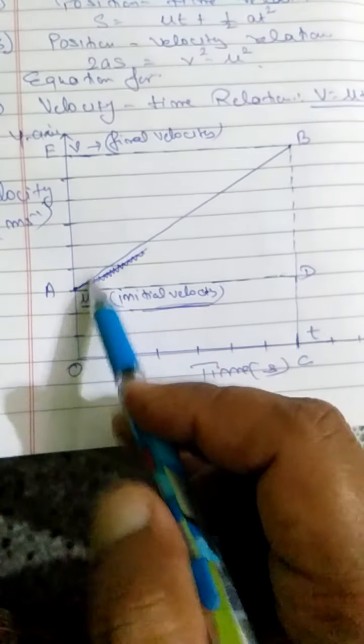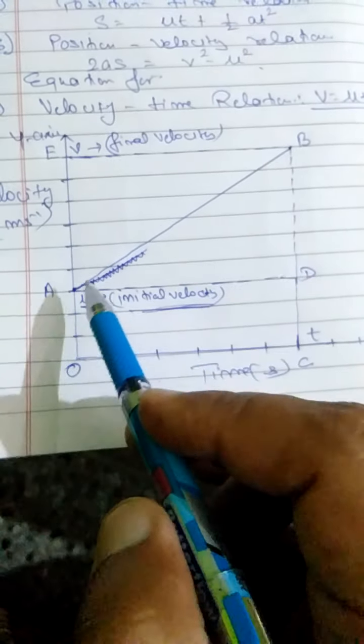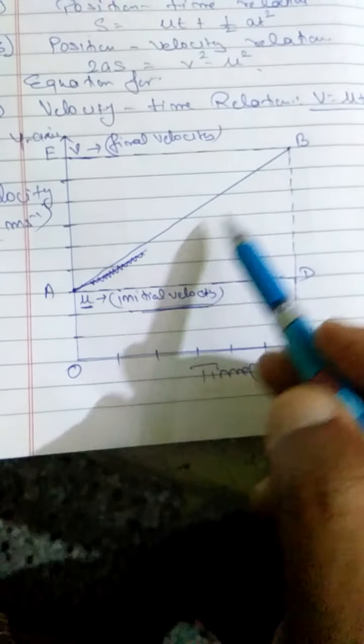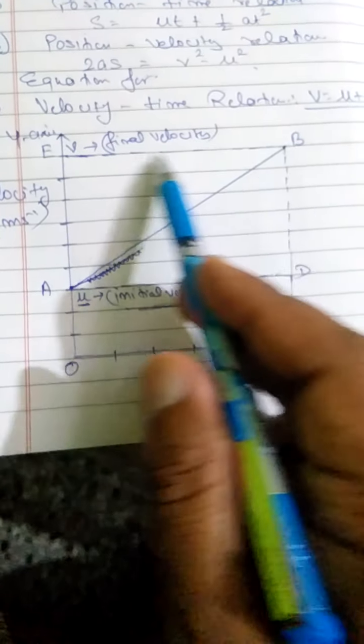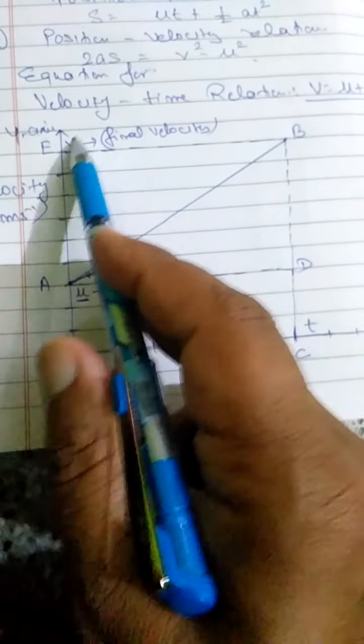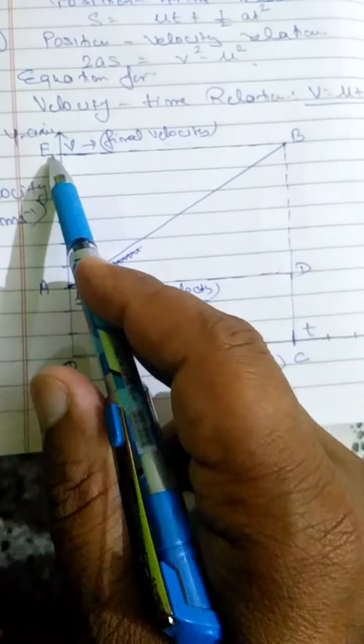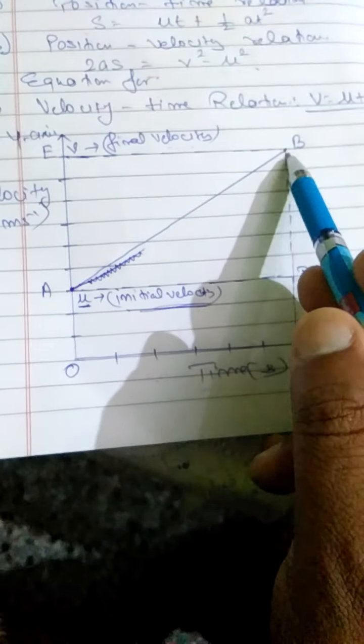Let after time t the object reach point B with velocity v. v is the final velocity.